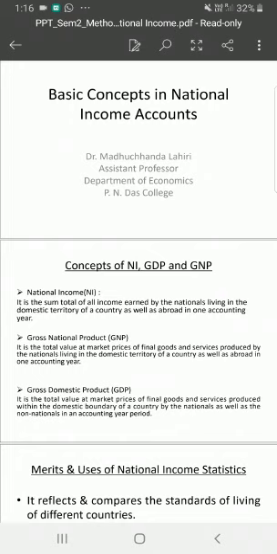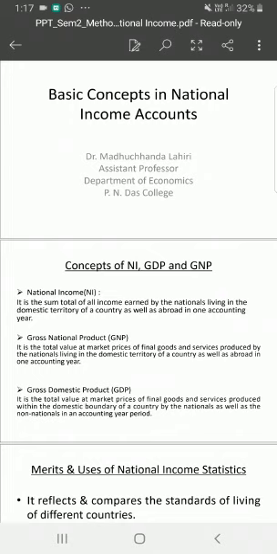Now, when we get the GDP measure for a country, it includes a part of the goods or services produced by the non-nationals of the country too. It includes a part of the income earned by the non-nationals of the country also. So the non-national element has to be removed. And also we have to take into account those nationals who are living abroad.